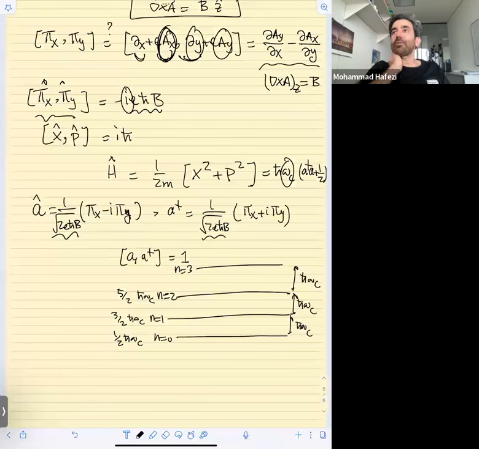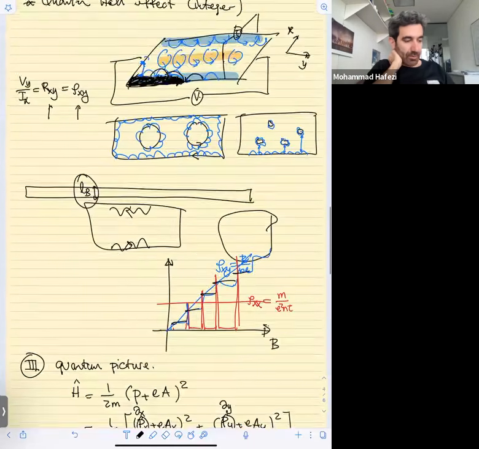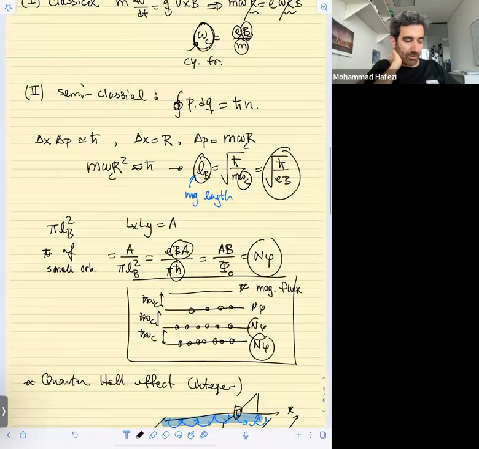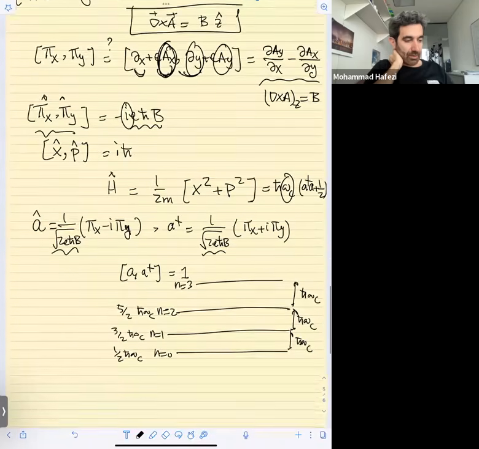So far we just realized that they are equidistant. It's like a harmonic oscillator. But if you recall, we also had this degeneracy that we talked about. So how can we find this degeneracy in this quantum description?